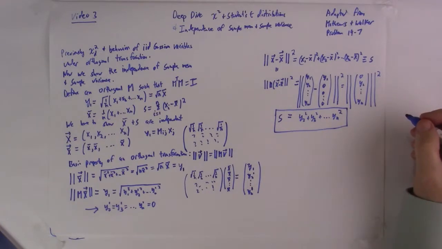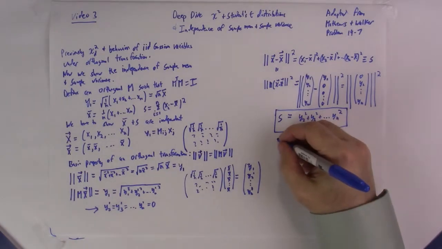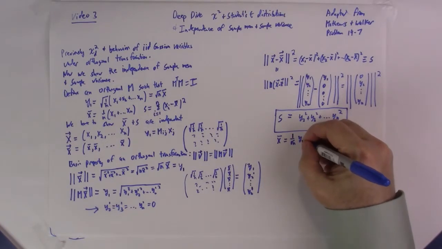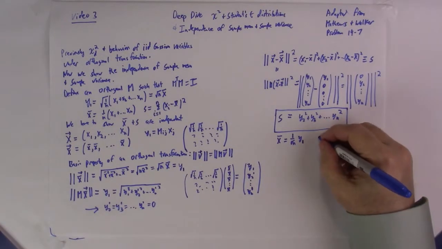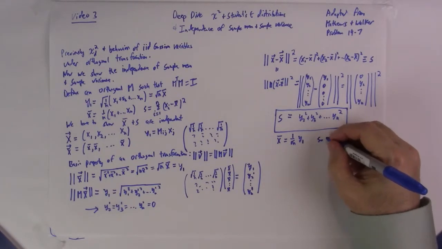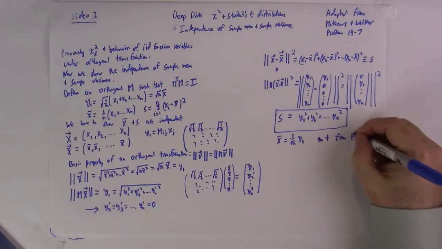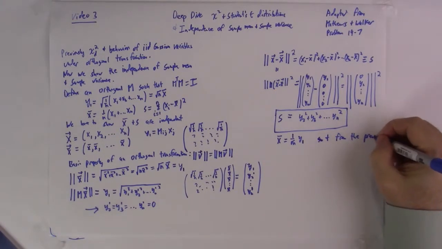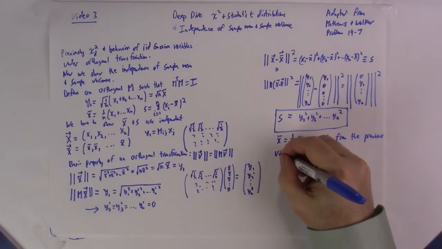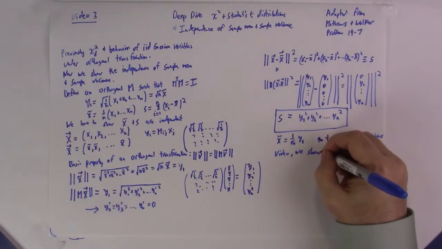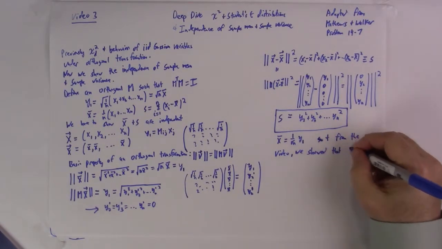Now, we're practically done, because we know that the mean x bar is equal to 1 over the square root of n times y1. So clearly, from the previous video, we showed that all the y's are independent.